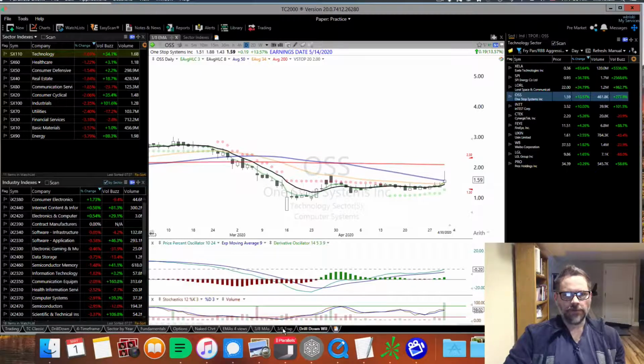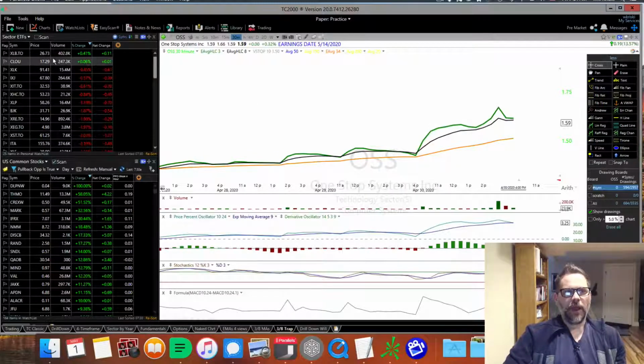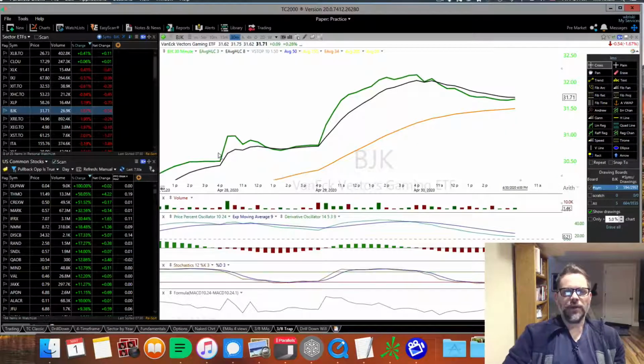I haven't used it for just a bit right now, but I've got this tab called 3/8 Trap. It's from Doug at Right Way Options, and this just shows a 3 and 8 exponential moving average for a stock. You don't see the price or anything like that.